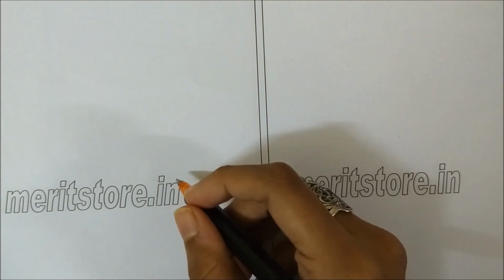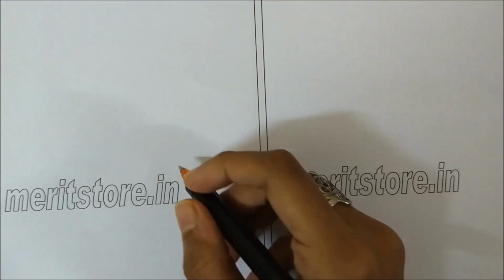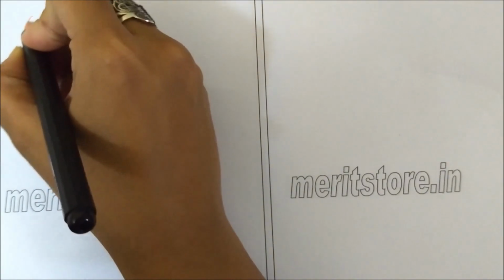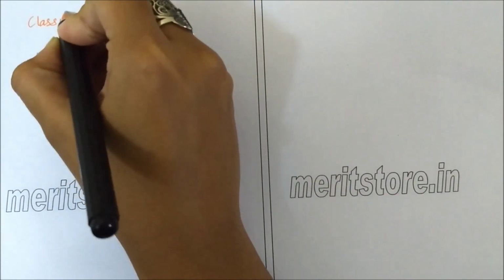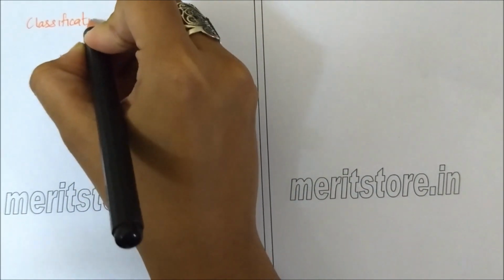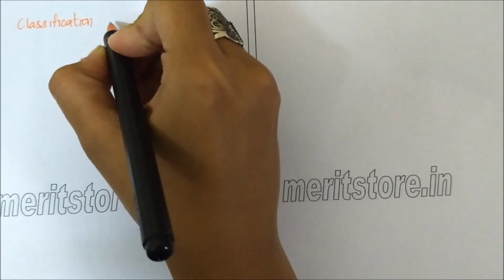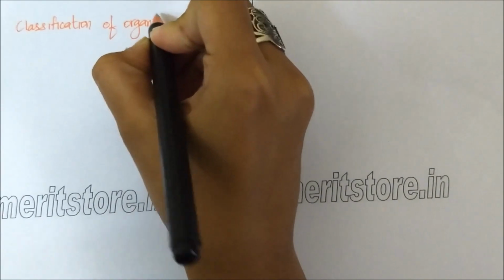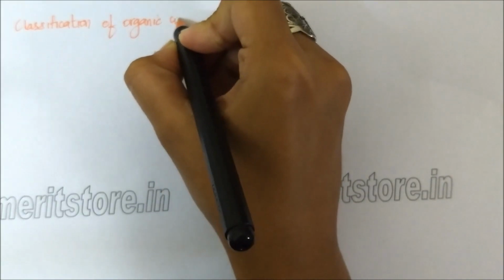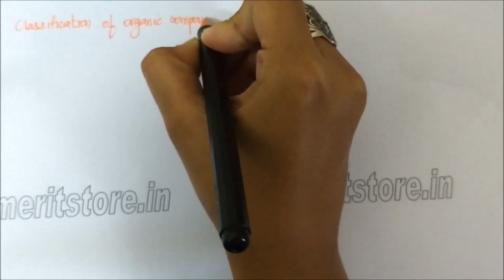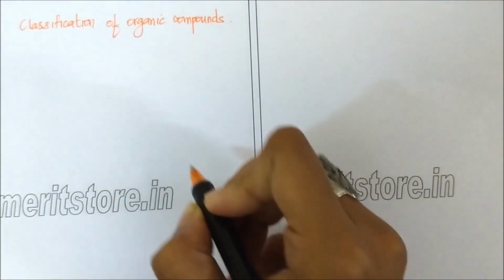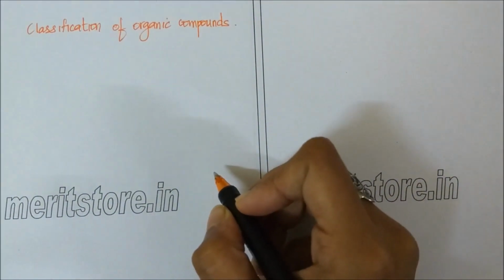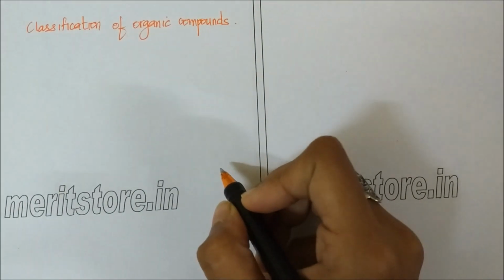Let us look at classification of organic compounds. Organic compounds can be classified in two ways.